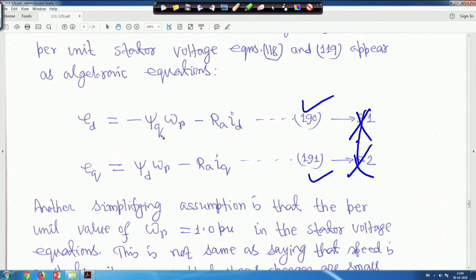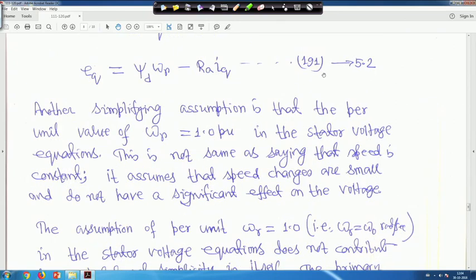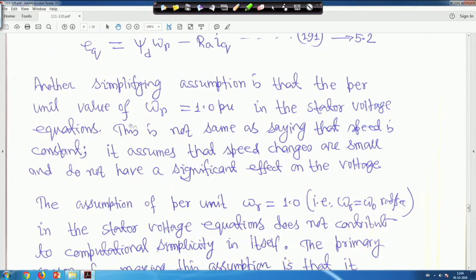Therefore, E d will be minus psi q omega r minus R a I d, and E q will be psi d omega r minus R a I q, after dropping the p psi d and p psi q terms. Another simplifying assumption, as we have to make many assumptions, is that the per unit value of omega r is taken as 1.0 per unit in the stator voltage equation. This is not the same as saying that the speed is constant.